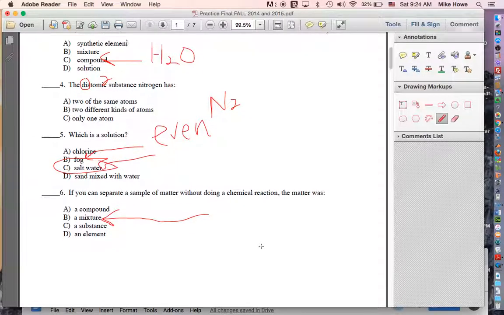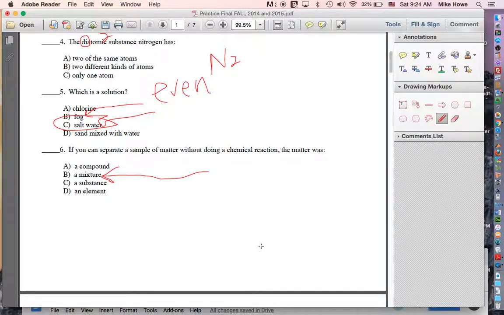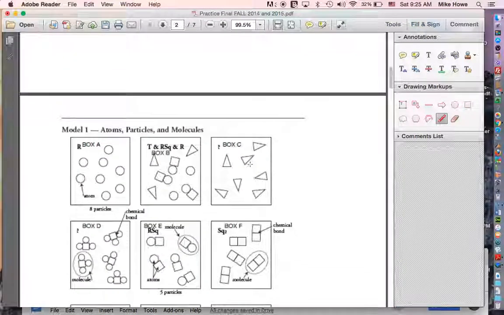The first lab we did was evaporating the salt water and leaving the salt behind, or we used a magnet to pull out the iron. You may remember that. We used a filter paper to filter out the poppy seeds. So if you can separate something without a chemical reaction, it was a mixture. If a chemical reaction is required, then the substance would have been a compound.